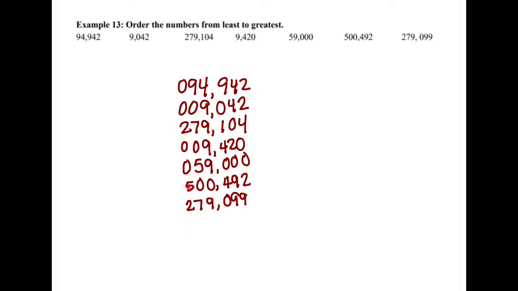That's your 100,000s place. Do we have any one of those that's definitely bigger than any of the others? Yep, 9's the biggest, right? Okay, so that one is going to go last because that's the biggest. So that means this one here is going to be last.